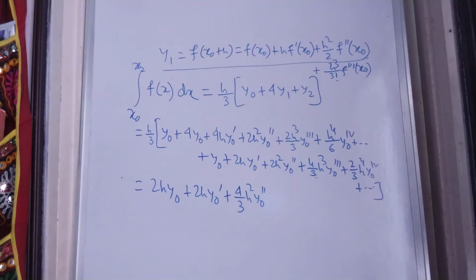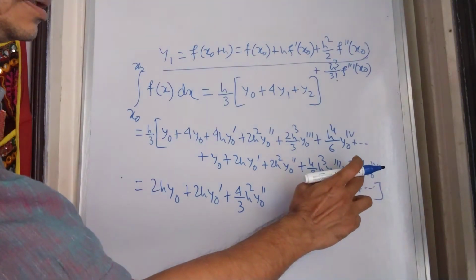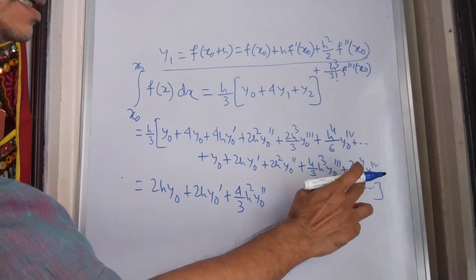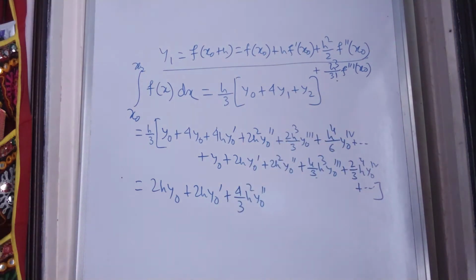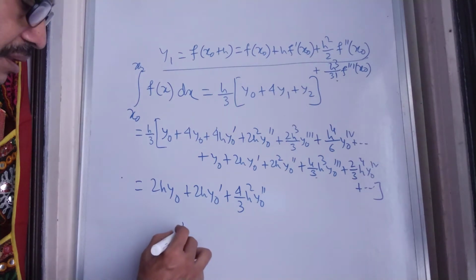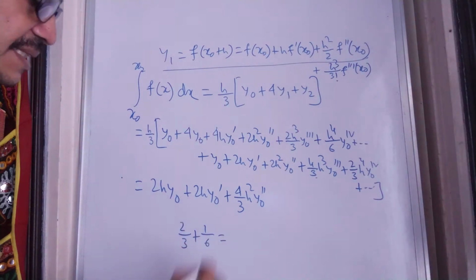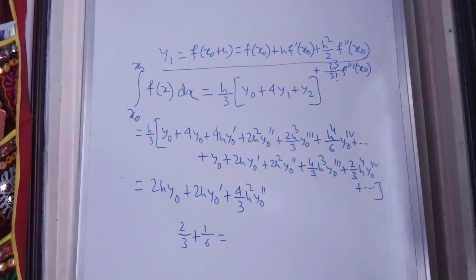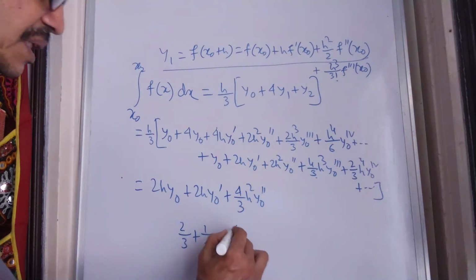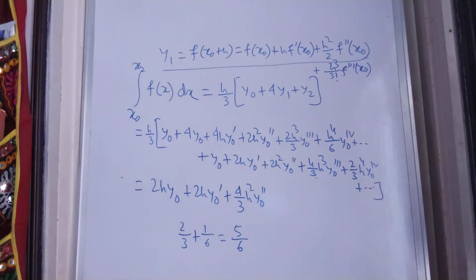And then we have h to the power 4 term. So when we add 2/3 and 1/6, what does it become?